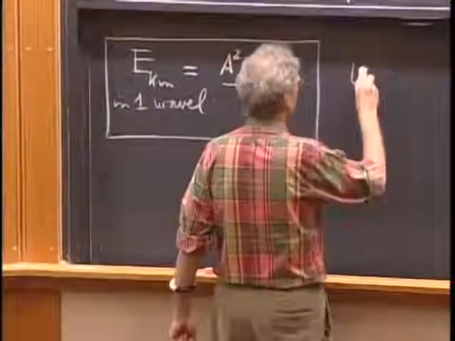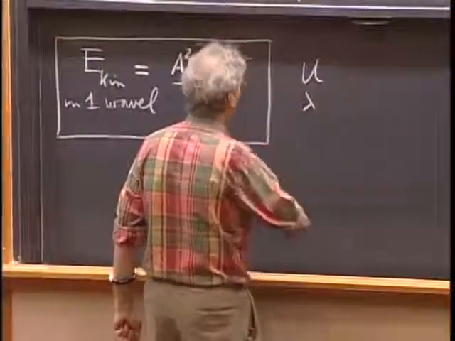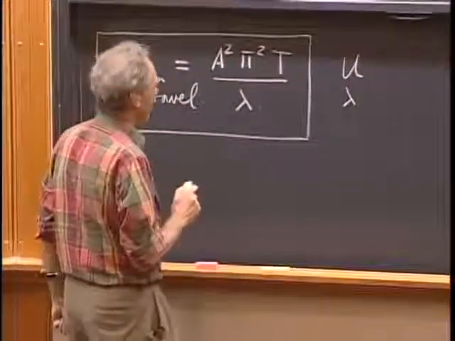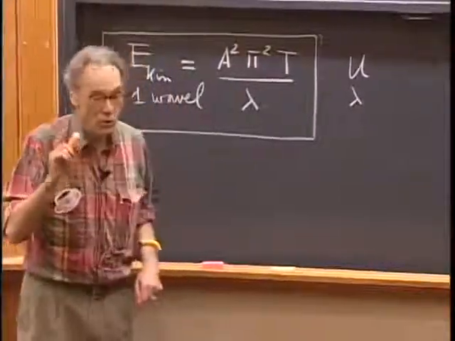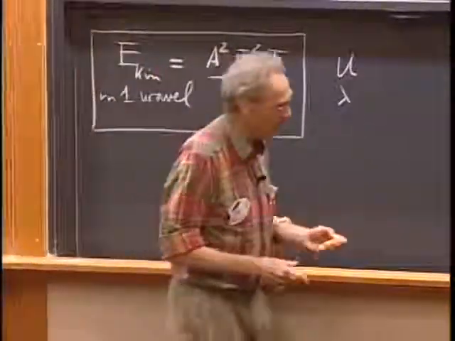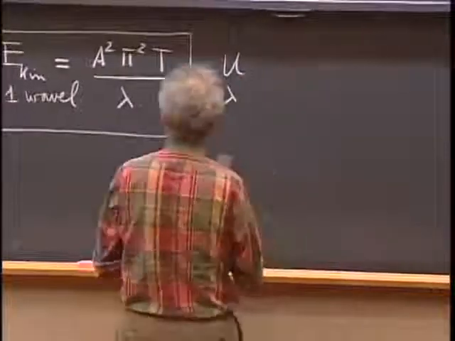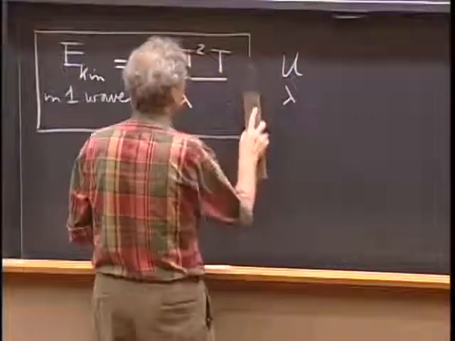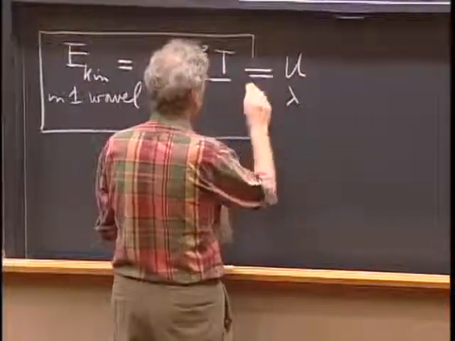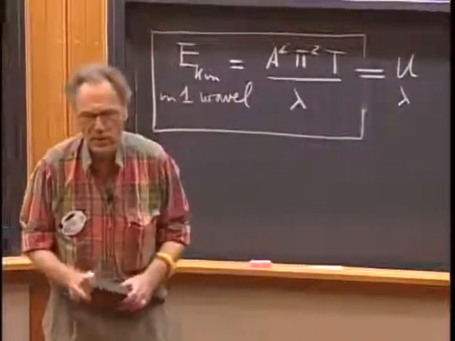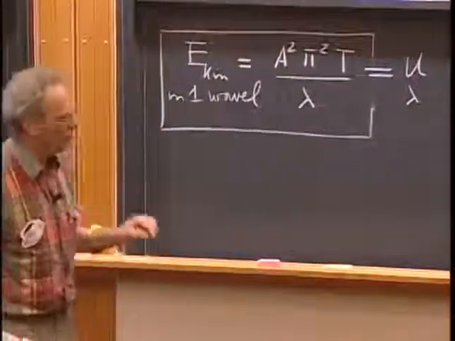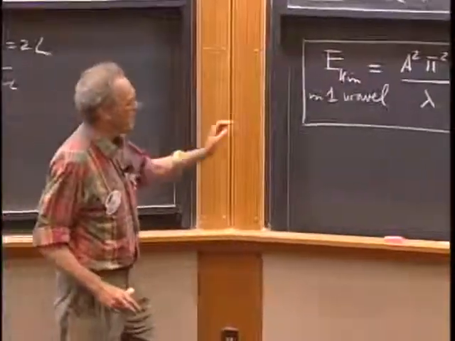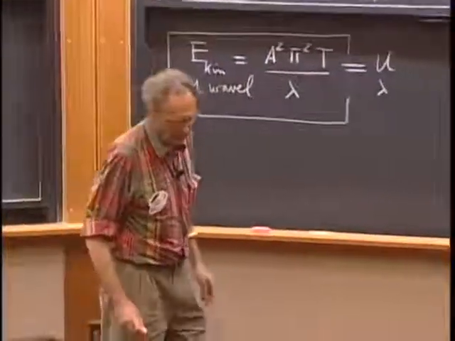And that is potential energy. And the potential energy per wavelength, which I want you to do on your own, it's worked out nicely in French, I will not do it today, happens to be exactly the same as the kinetic energy, which is by no means obvious. So the potential energy per wavelength is the same as the kinetic energy per wavelength.